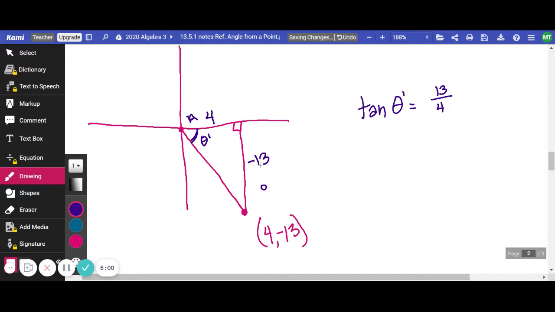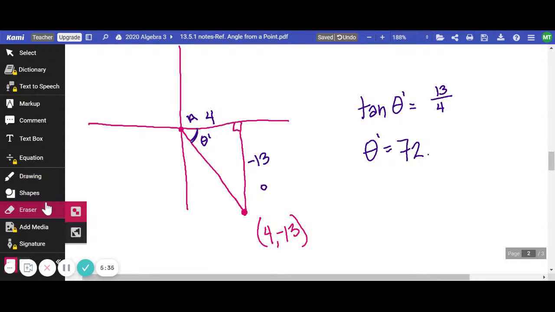I'm going to leave off the negative only because I want to look at just this one triangle and the degree of this little angle. If you do the negative, it kind of messes up some of the problems, and we'll get into that later in the chapter. For right now, I'm just going to do 13 over 4 in my calculator. So tangent inverse of 13 over 4.